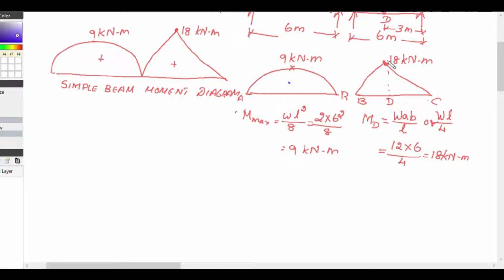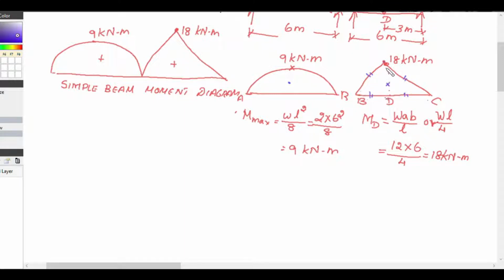This is 18 kilonewton meter. So B, D and C form a triangle, not an equilateral triangle, but the two sides are equal, BD is equal to DC. So both are similar triangles. So for this triangle also the centroid will lie at the center.